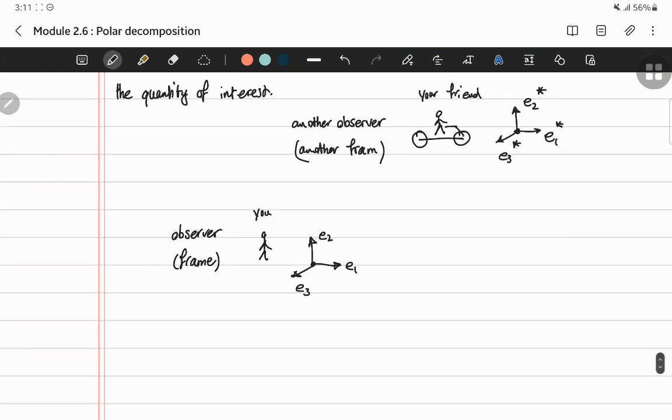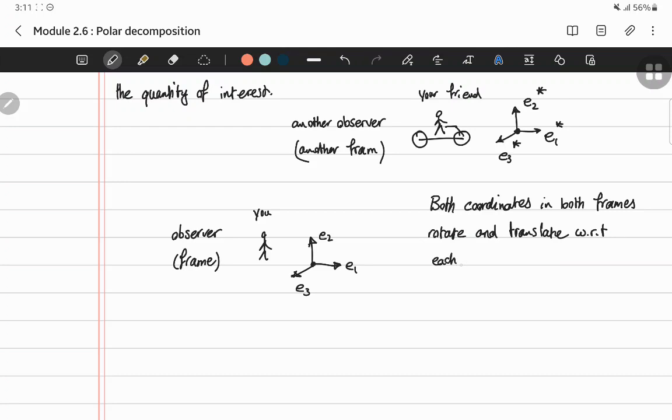So here I can write that the coordinates in both frames rotate and translate with respect to each other.